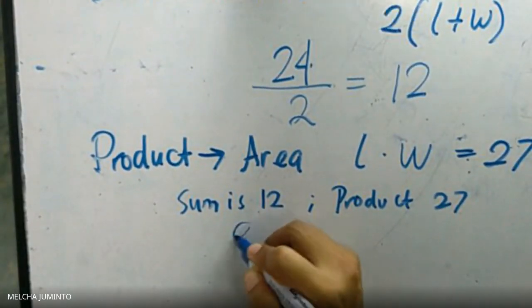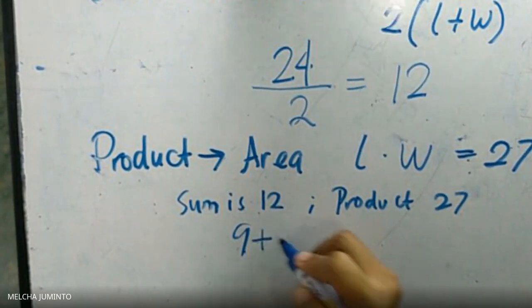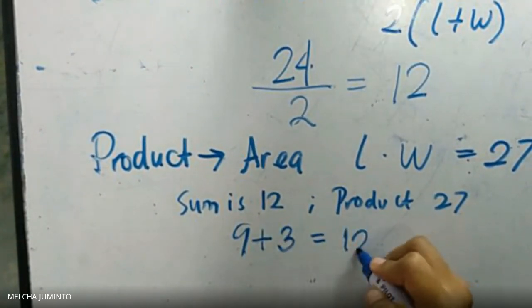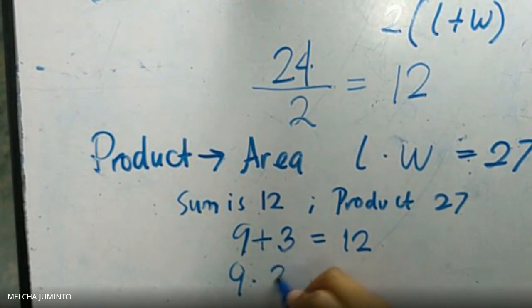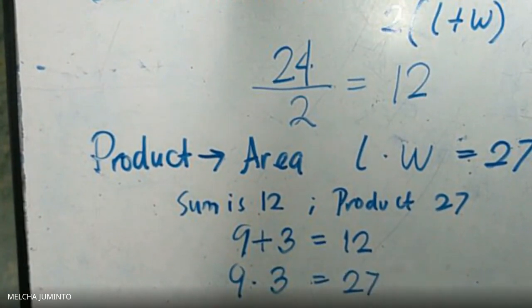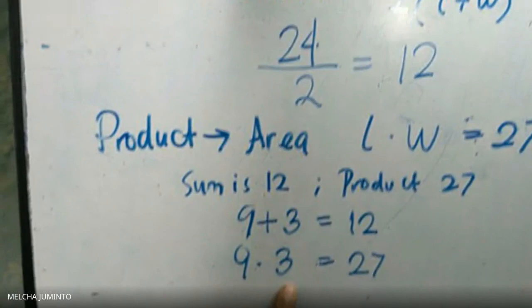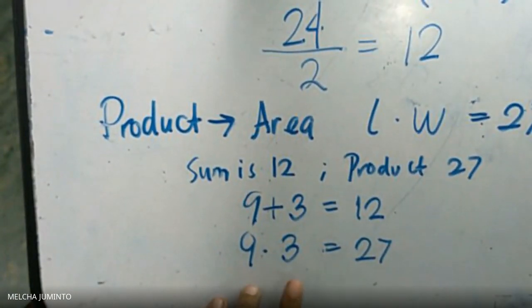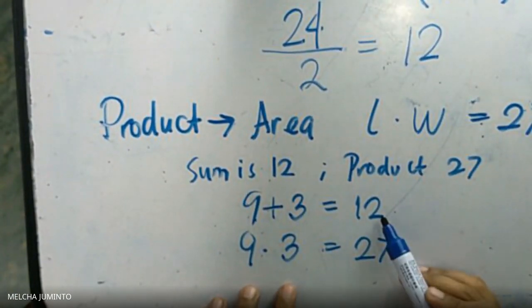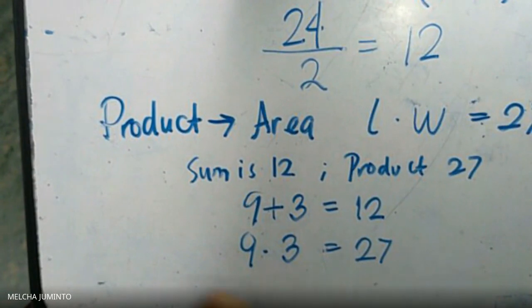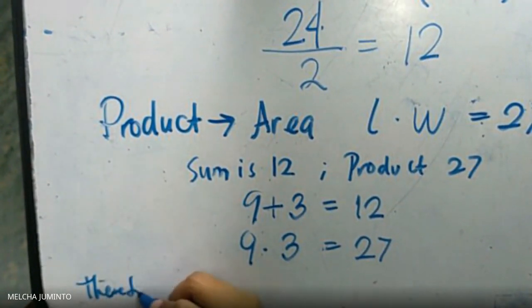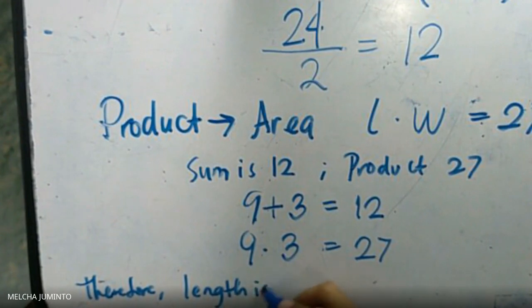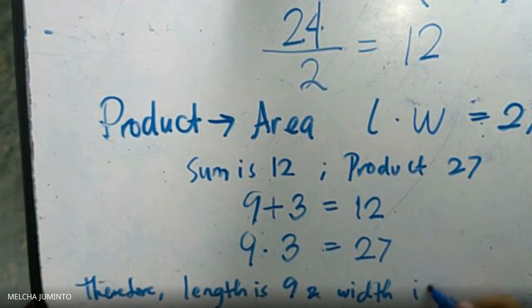Those two numbers are 9 and 3. 9 plus 3 is equal to 12. 9 times 3 is equal to 27. So these two numbers make it true that the sum is 12, product is 27. Therefore, length is 9 and width is 3.